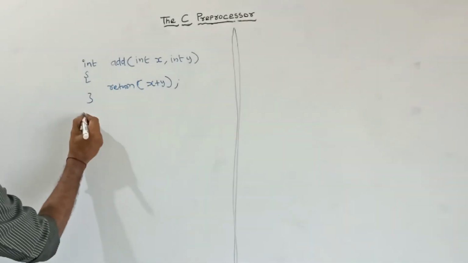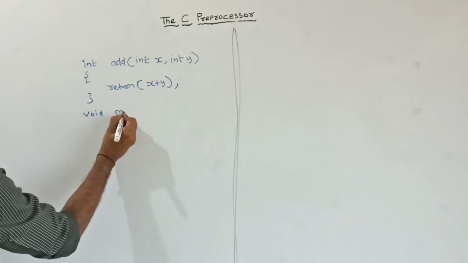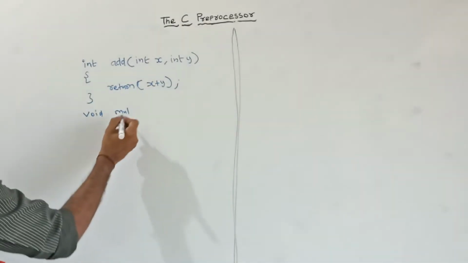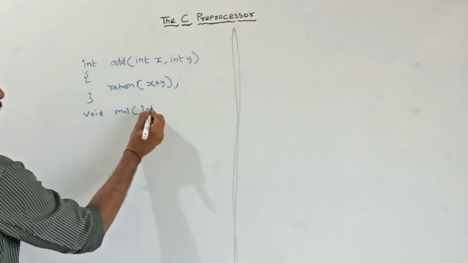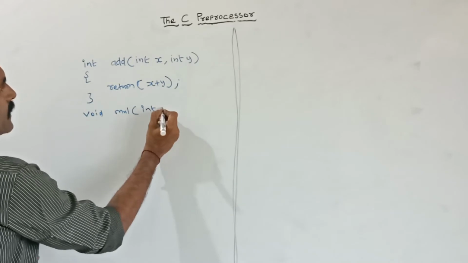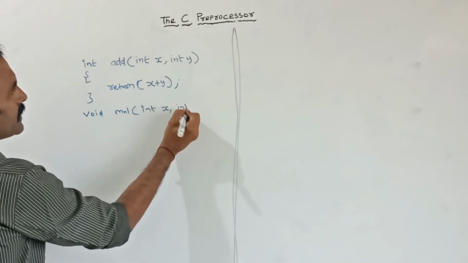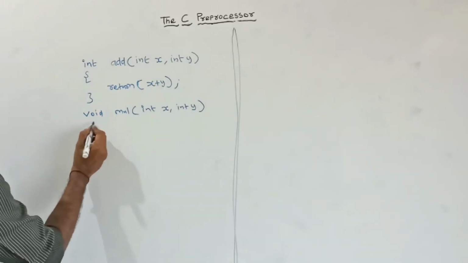The next function I am going to create is void, for multiplication, so I name the function mul. Here also I use only the integer data type: integer x, comma, integer y. As it is void, it has no return value.